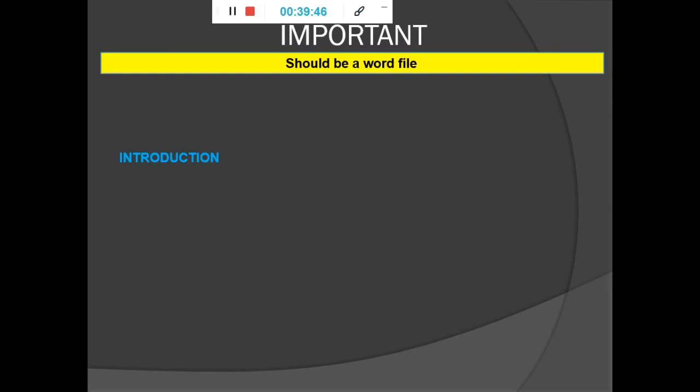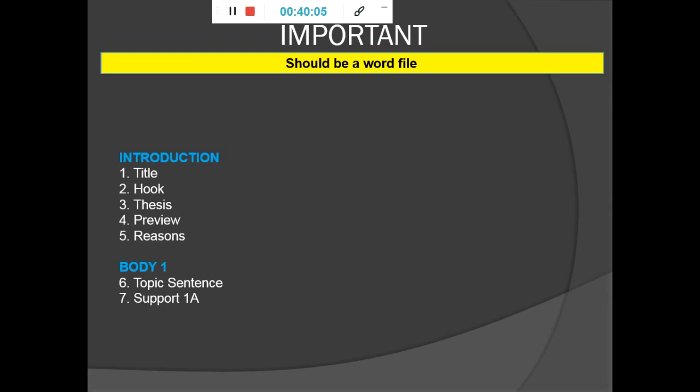Okay, in important facts, it should be a Word file, once again, and you should have an introduction, a hook, a thesis, preview, reasons. So we're going to review one more time. Body 1, you should have a topic sentence, support 1A, support 1B, support 2A, support 2B, and a closing.